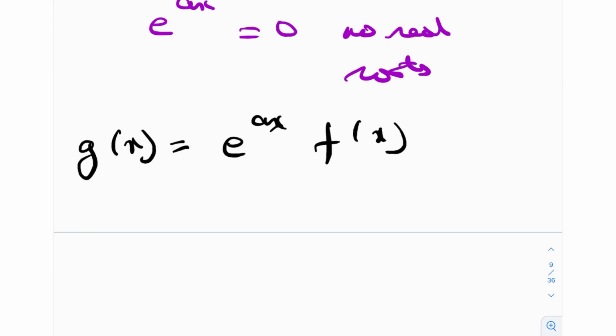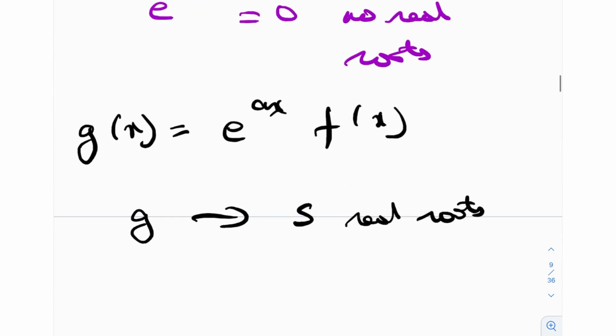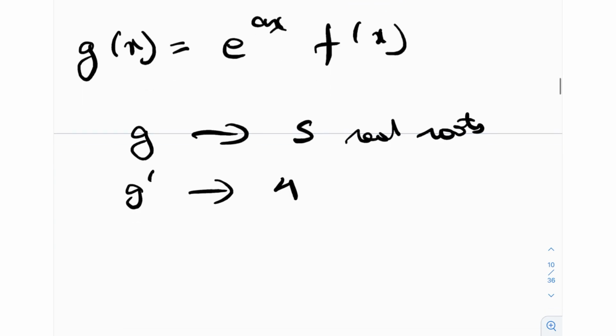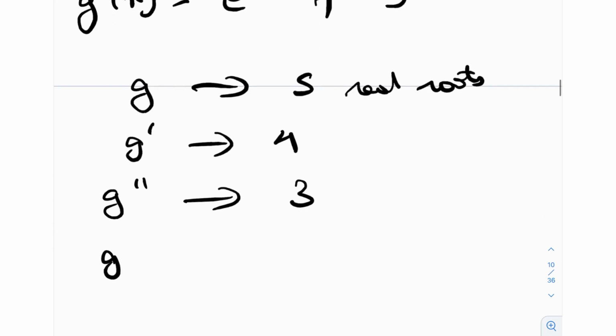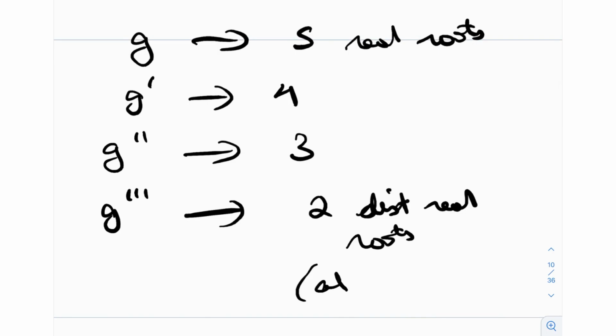Just for a better understanding, g will have at least 5 real roots, because like I said before, e raised to power ax is not contributing anything, and we know that f of x has 5 roots, so g of x also will have 5 roots. g prime will have at least 4 distinct real roots, g double prime of x will have 3, and the third derivative of g will have 2 distinct real roots. And this is obviously at least. All of these conditions are given to us in the question.